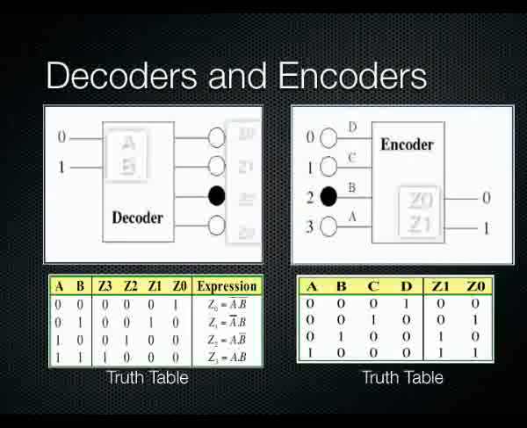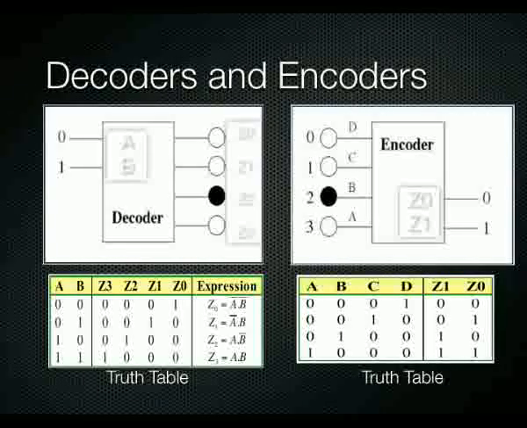So it's simply a binary to a particular output number converter. So I've shown here the two symbols for the decoder and the encoder, and I've also shown the truth table. So with respect to the decoder, when A and B are 0, then of course the output Z0 is high.